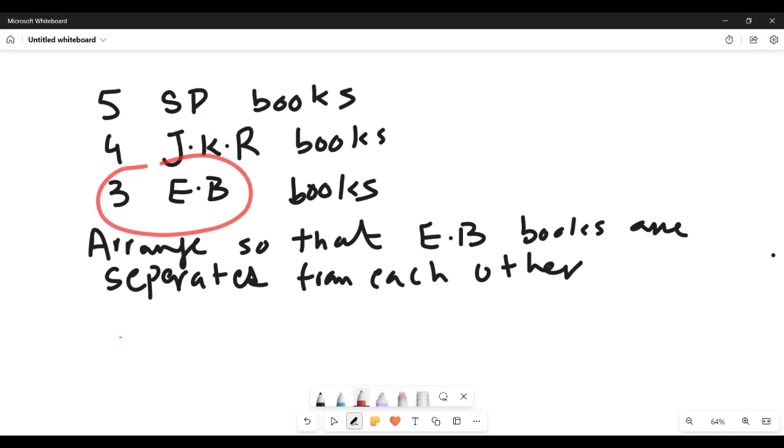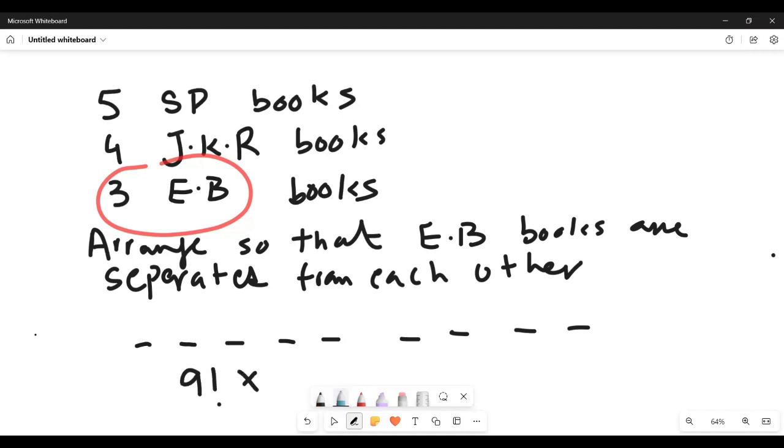So same process. First make space for all the other books. So 5 Shakespeare books, 4 J.K. Rowling books. So that's 1, 2, 3, 4, 5, 6, 7, 8, 9. 9 places for 9 books. So it's actually either 9p9 or 9 factorial. Wrote this down. Times.